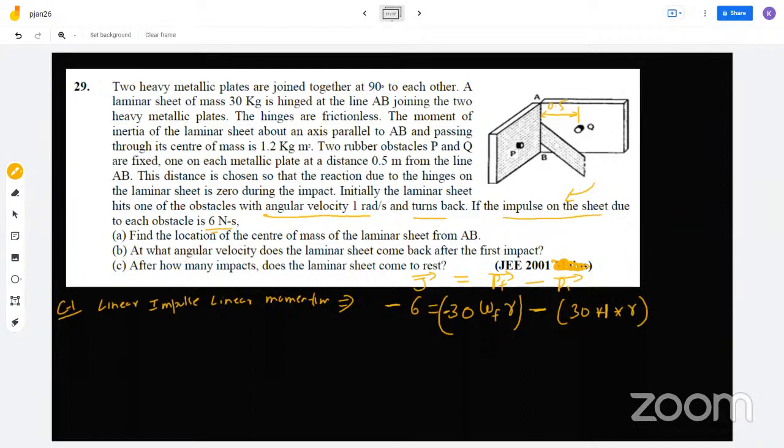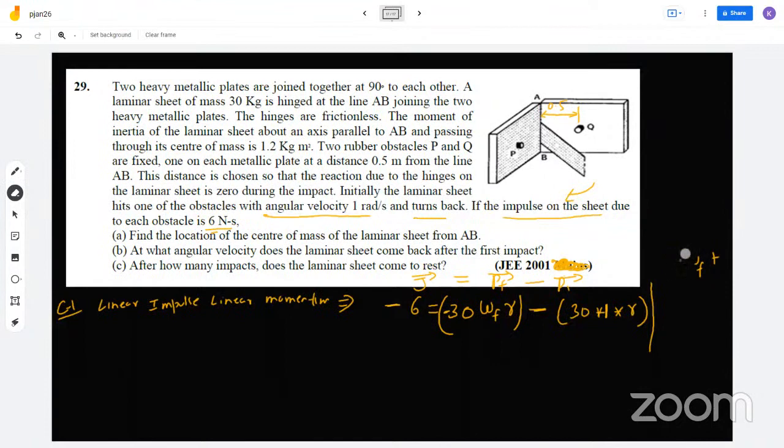So here we can remove the minus. We get 6 equals 30 omega f r plus 30 r, or we divide by 30.